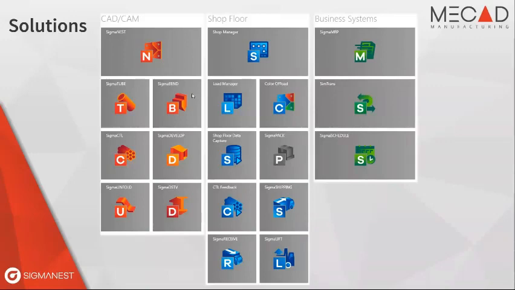Majority of our shop floor tools, like Shop Manager, are all web-based applications. This is just a general overview of the smart software solutions we have to offer that helps our customers expand their potential. So if you guys are interested in any of these software solutions, please feel free to reach out to us after this session and we can discuss it further.